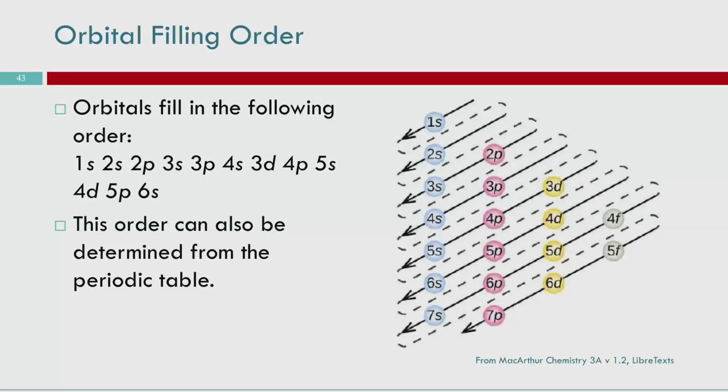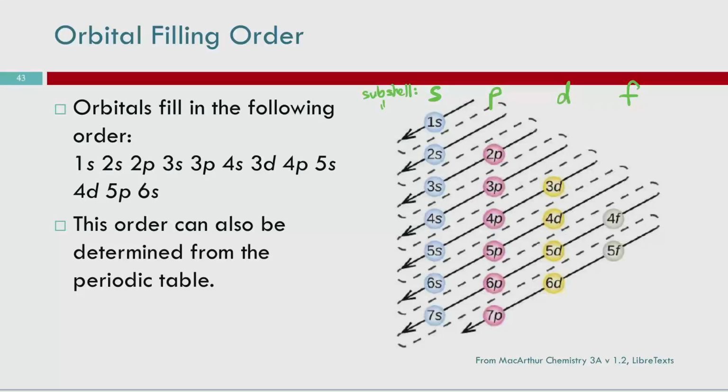And so the way that this one works is we've got all of our S subshells in this column. We've got all of our P subshells in this column. Then we've got D, then we've got F. So subshells are our headers, our columns.